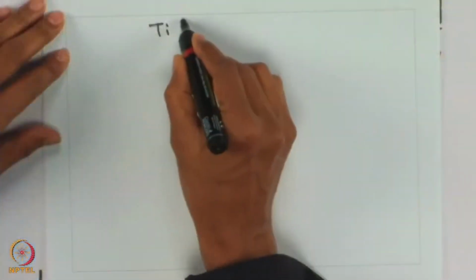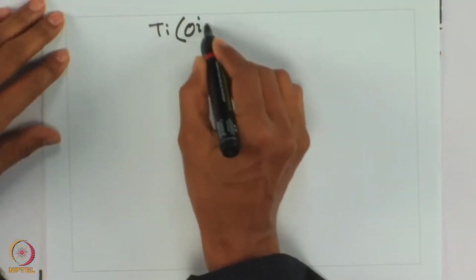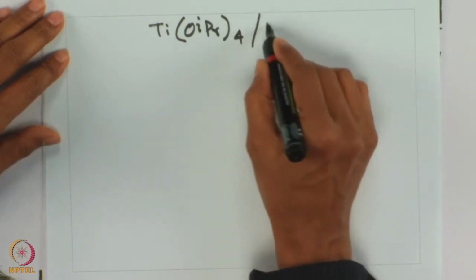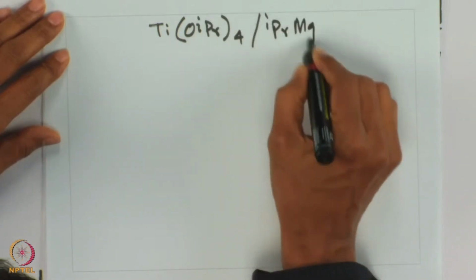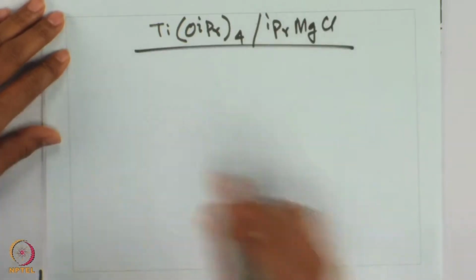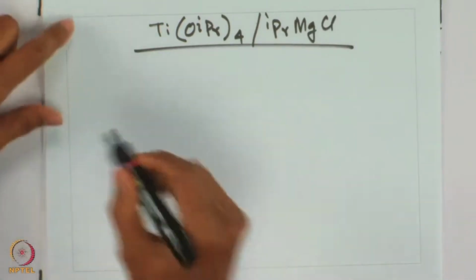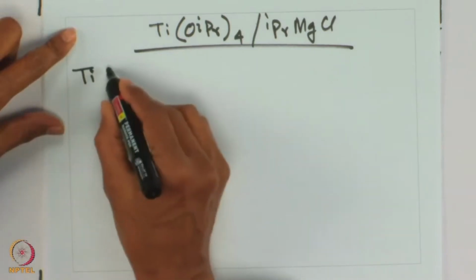So, we will be discussing titanium tetraisopropoxide and then isopropyl magnesium halide, for example, as reagents for generating different titanium reagents which can be utilized for further organic transformation.